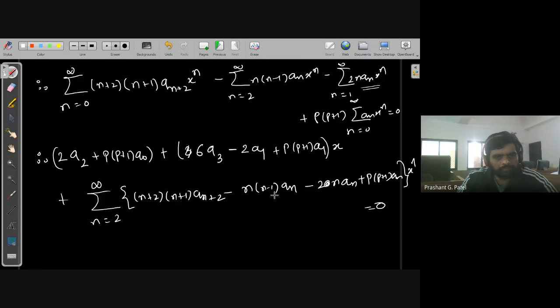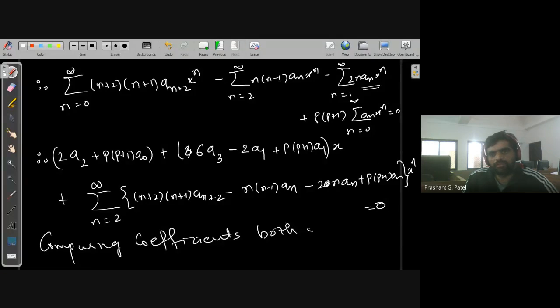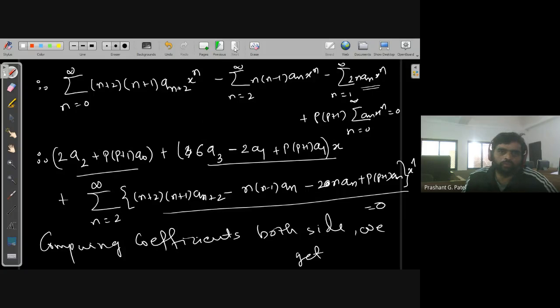Comparing the coefficients of powers of x on both sides, we get this equal to 0, this equal to 0, and this quantity equal to 0.